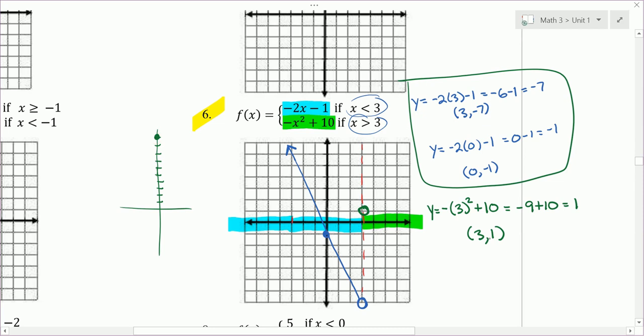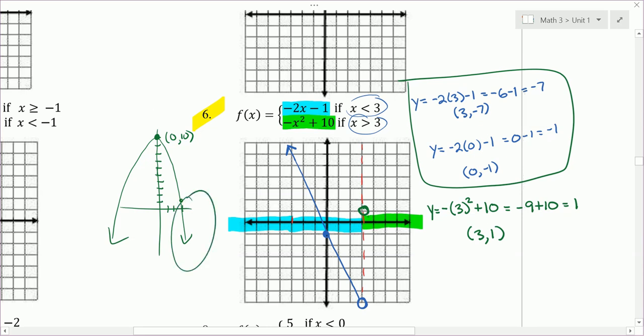And we just saw that when we plug in a 3, we get a 1. So that would be the right side. This would be the left side. So you see how it's moving down. And we actually found a point that this goes through at (0, 10). Well, that's not included. So this is the part that we're interested in.